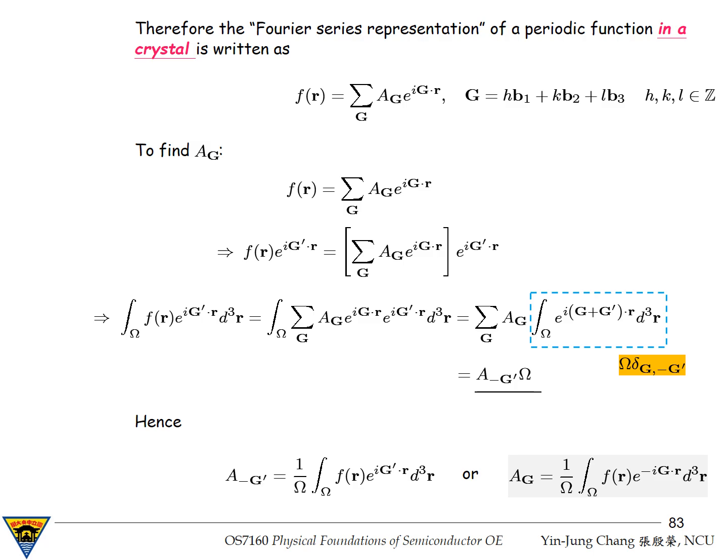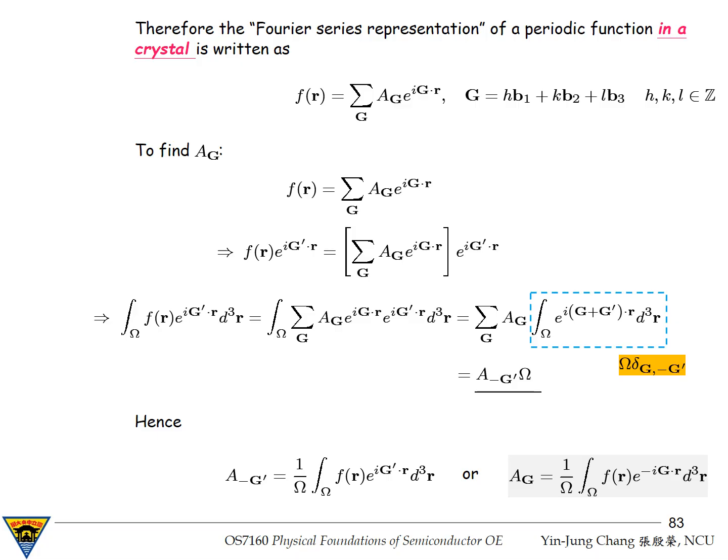We then arrive at the equation for a_(-g') as shown here. Equivalently, if we rename the index, we can write the coefficient more conventionally as shown in this equation, where we have replaced minus g' with capital G.